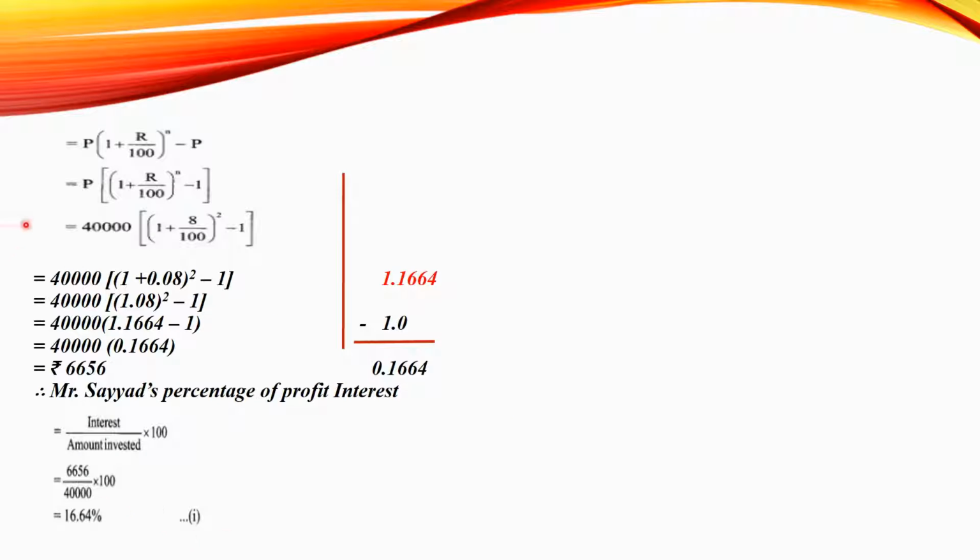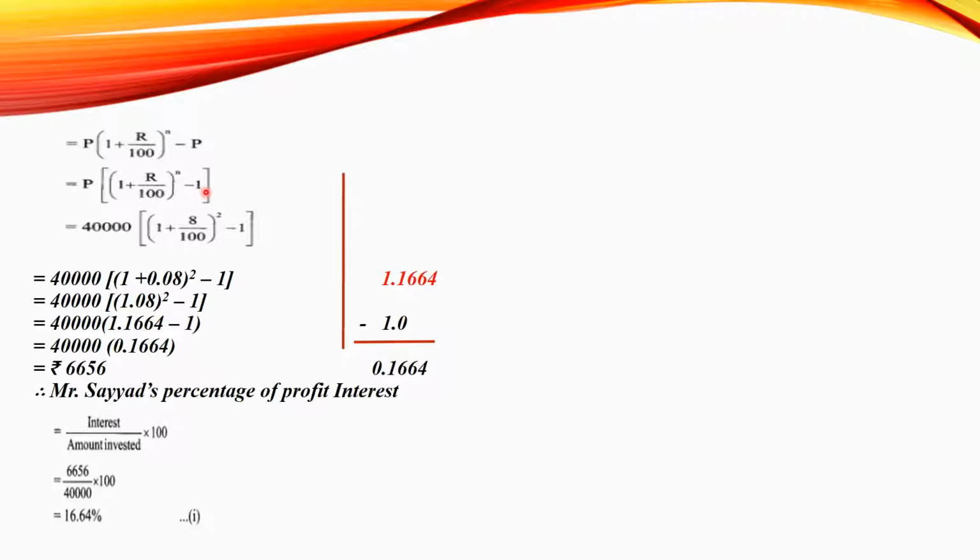So taking the formula of compound interest, we have P multiplied by 1 plus R upon 100 raised to power n minus principal, that is P. Taking P common outside, we have inside the bracket 1 plus R by 100 raised to power n minus 1.